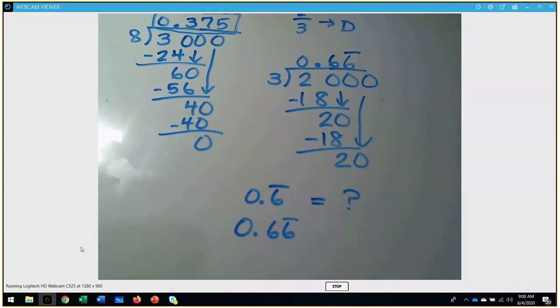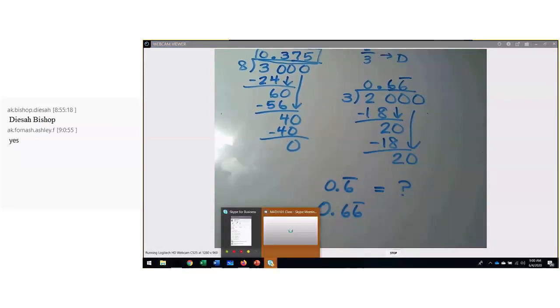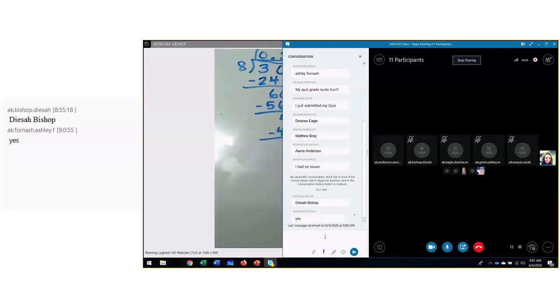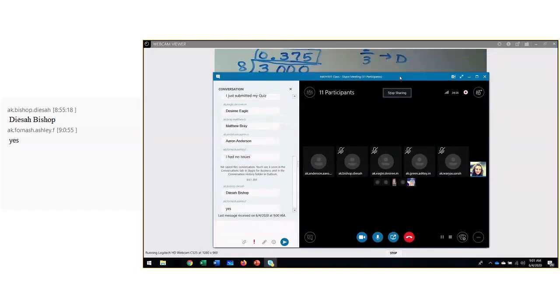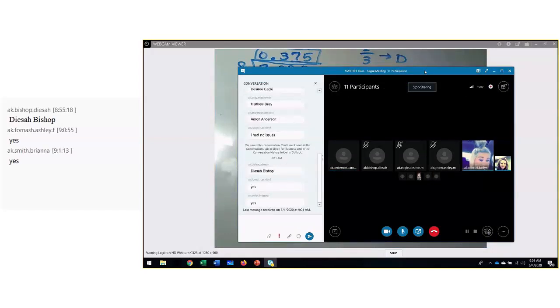Anyone? No, it's not the same. Not the same? Let me see what everybody else thinks here. Yes, they are equal. So I have 1 vote for no and 1 vote for yes. What does everybody else think? I would say no. No, they're not the same.